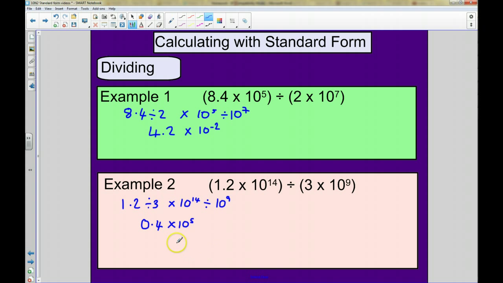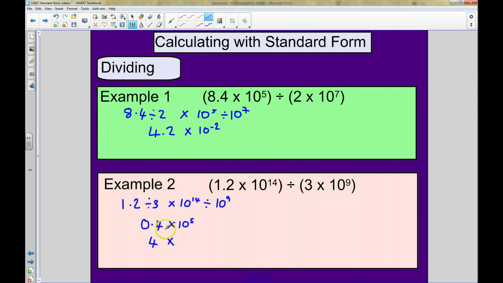Now we haven't quite finished again, because as you can see, this isn't in standard form. This number here needs to be between 1 and 10, and at the moment it's less than 1. So what I would need to do is scale this number up by 10. So if I scale this number up by 10, that's going to become 4.